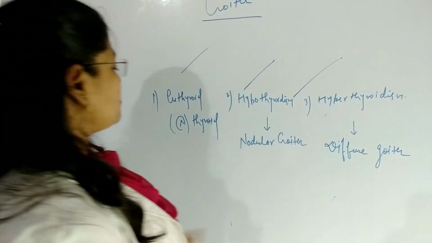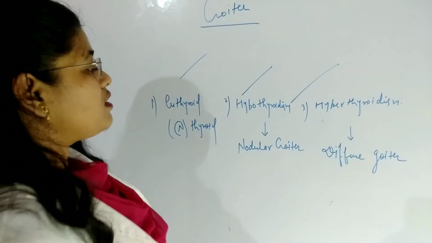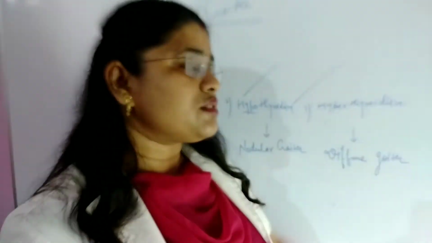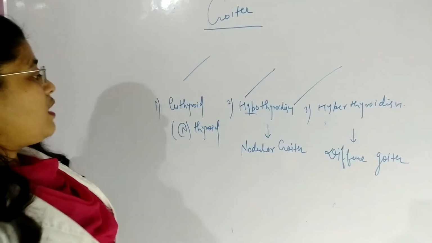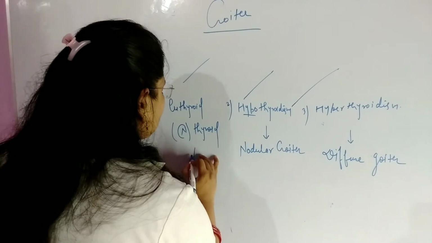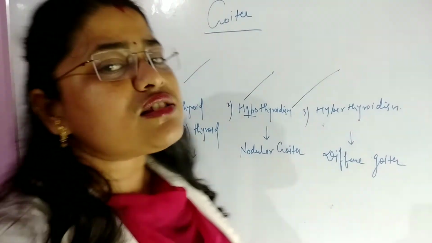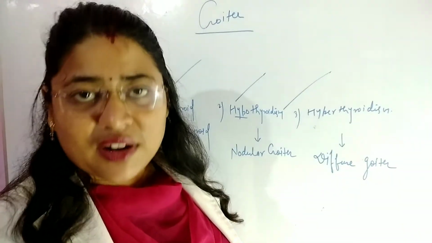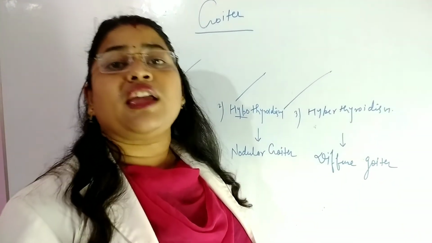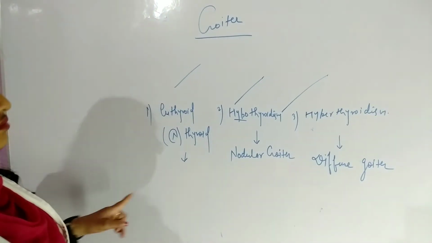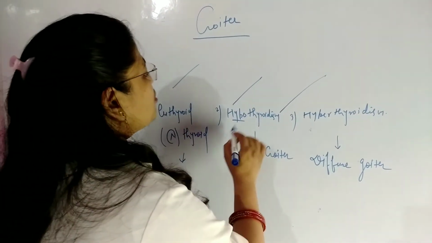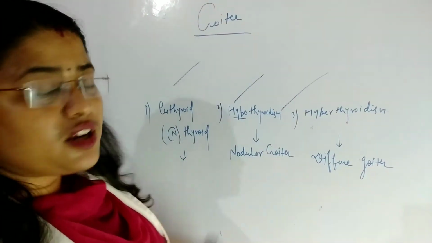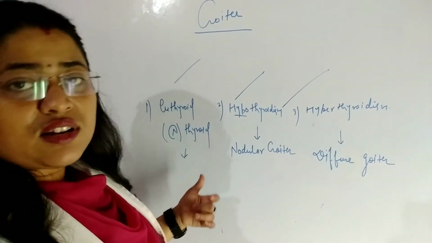So these two goiters are due to the hypothyroid state and hyperthyroid state respectively, and the normal condition of the thyroid gland represents only increased demand of iodine due to certain conditions like puberty, pregnancy, growth, age, etc. So don't be confused with hypothyroidism and the euthyroid condition with goiter. It may be in all of these three stages.